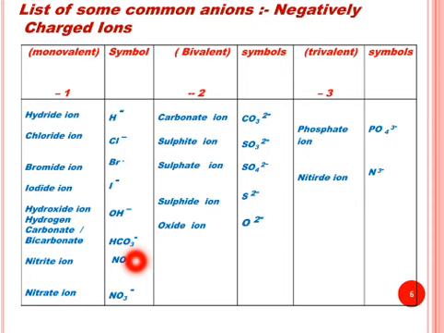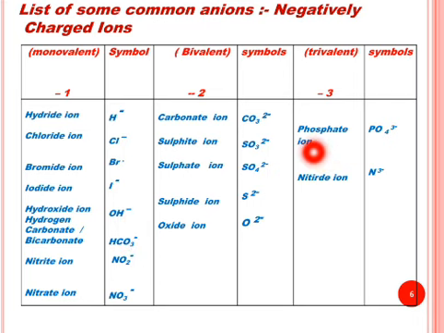And then nitrate ion, what is the atomicity of nitrate ion? Just calculate the number of atoms. 1 nitrogen and 3 oxygen atoms. So 1 plus 3 is equal to 4. So its atomicity is 4. And these all are examples of polyatomic ions.